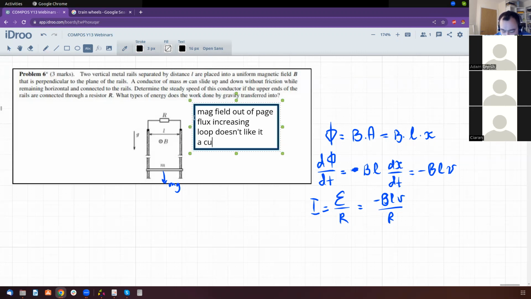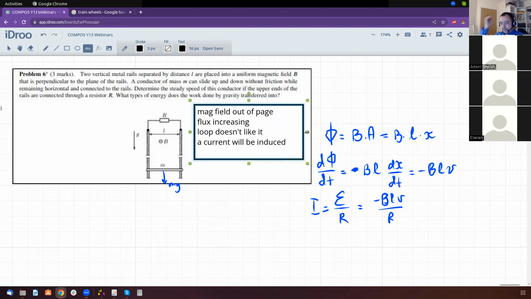A current will be induced. Which direction? Clockwise or anti-clockwise? Clockwise, yes. Induced clockwise.